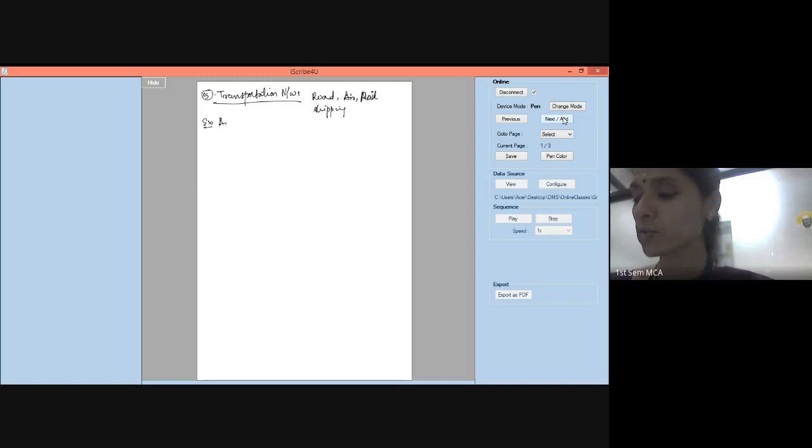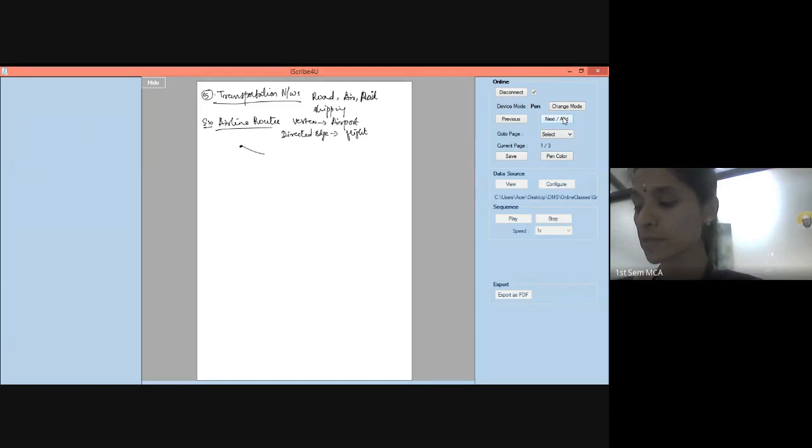Let me take one or two examples. Airline routes can be represented using a graph. Each vertex will represent, let us say, an airport. A directed edge is used to represent a flight, each flight going from the vertex representing the departure airport to the vertex representing the destination airport.